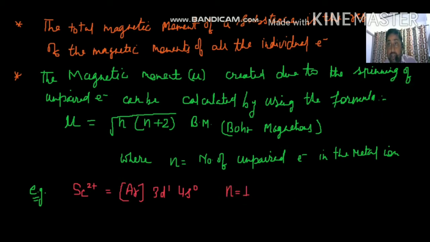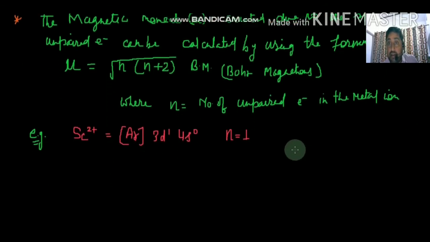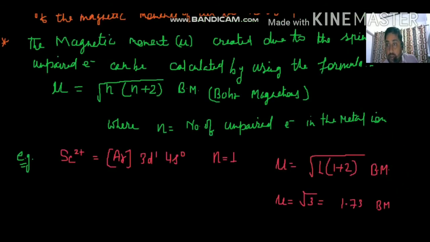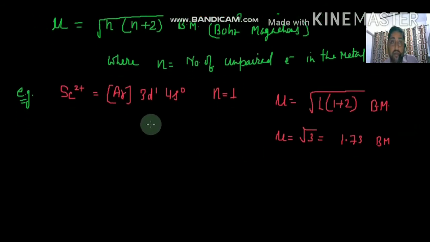Putting this value there, mu can be calculated by the square root of 1 into 1 plus 2, in Bohr magnetons, so mu is equal to the square root of 3, which has the value 1.73 Bohr magneton.